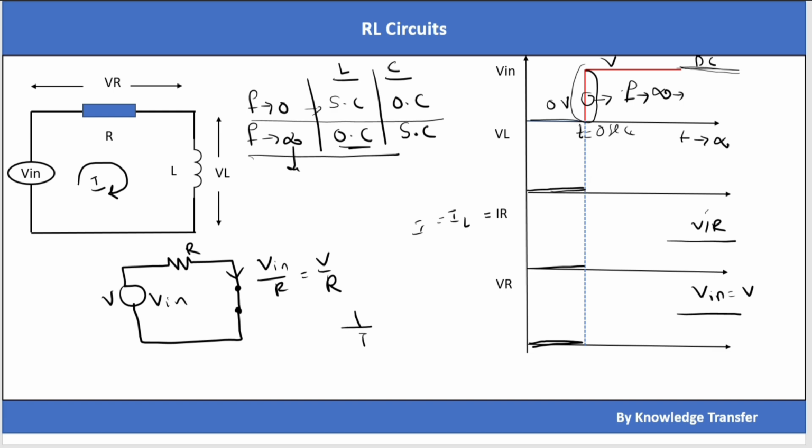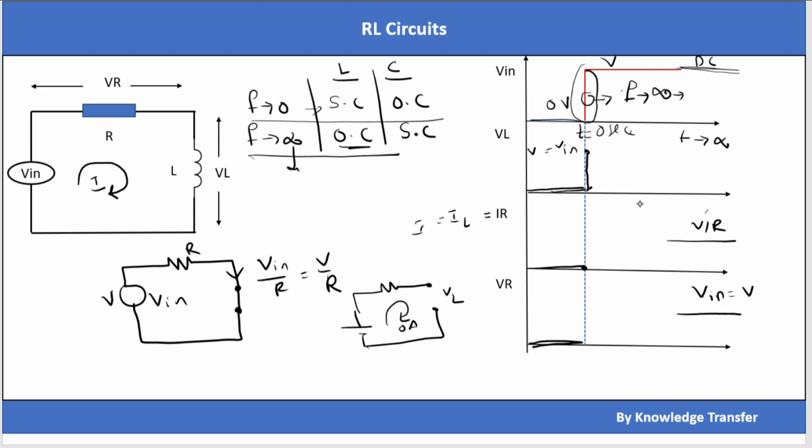That means I can replace my circuit with a resistor, and there is an open circuit across VL. So this is open, the current will be 0 ampere because there is no closed path for the current to flow. So IR is equal to 0 only, but VL you can see is Vin only. So VL will be Vin, which is equal to V volts.